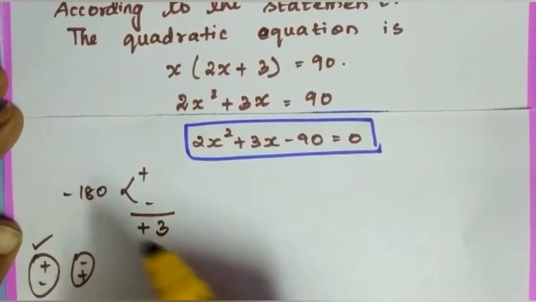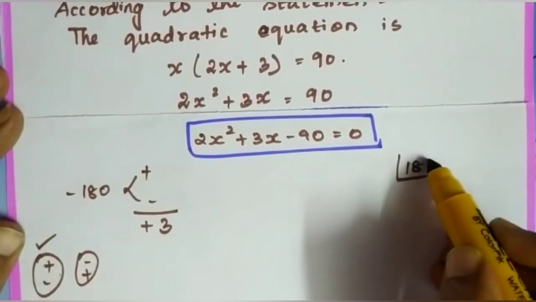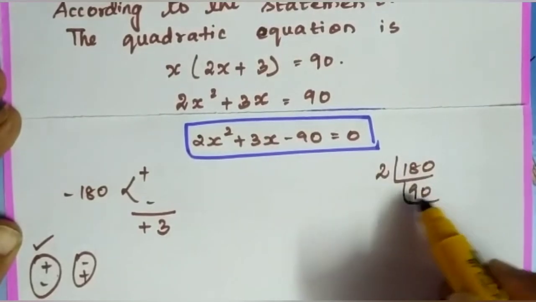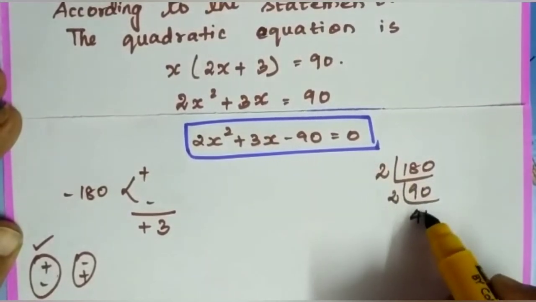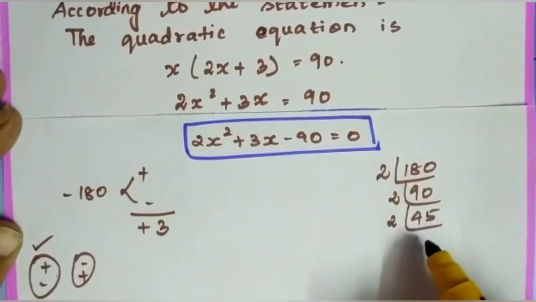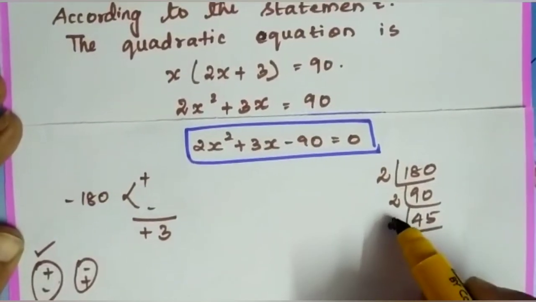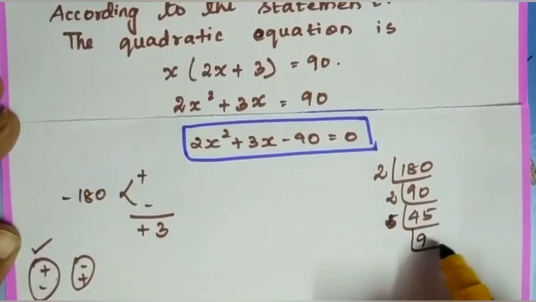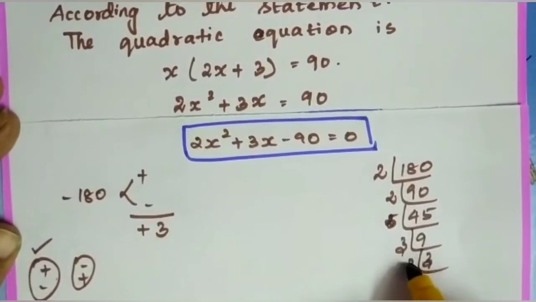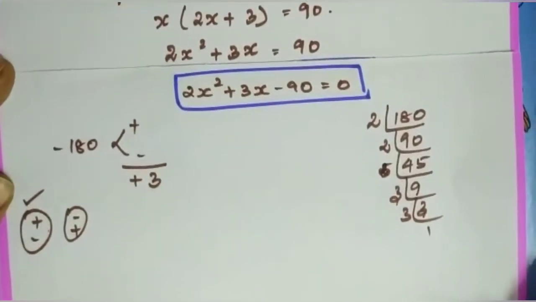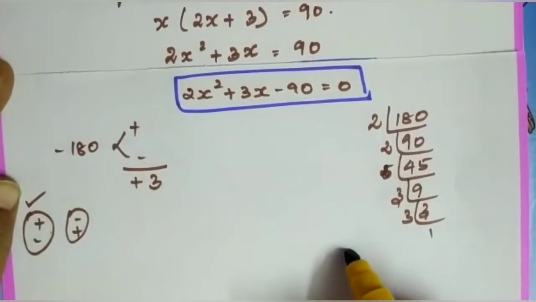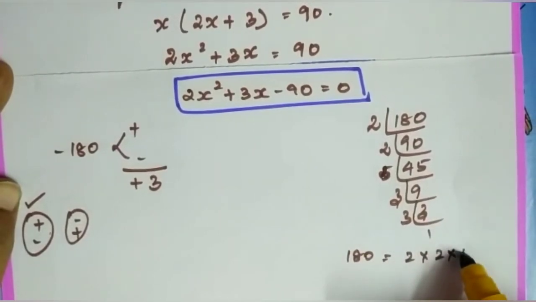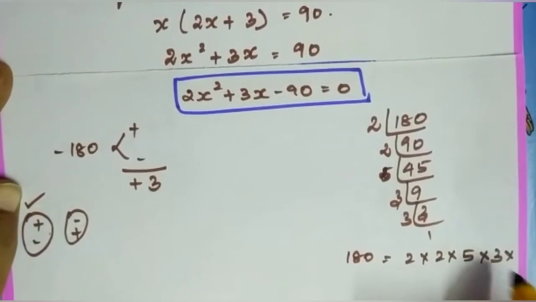This is a bigger number, so find the factors. 180, 2 table 90, 2 table 45, 5 table 9, and 3 threes. So 180 is equal to 2 into 2 into 5 into 3 into 3.